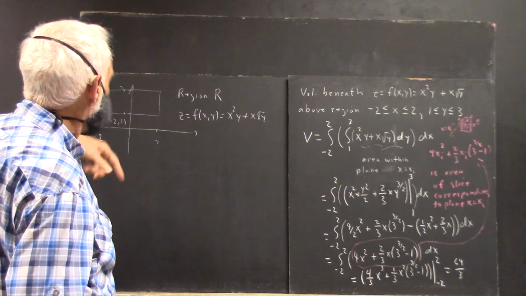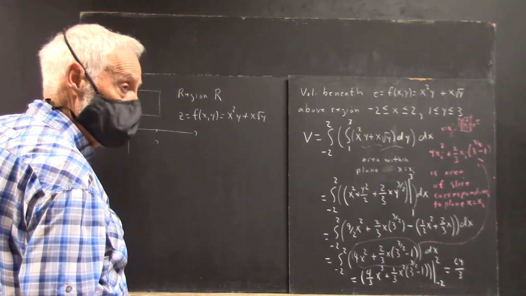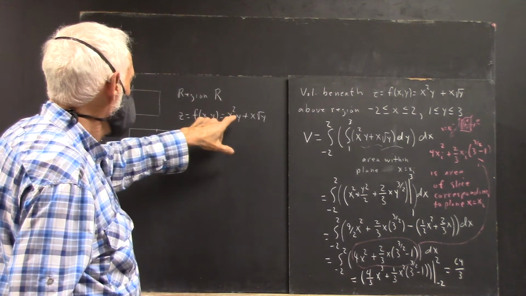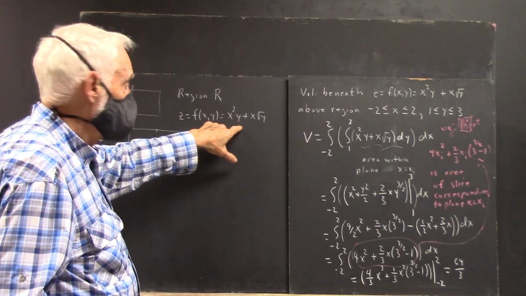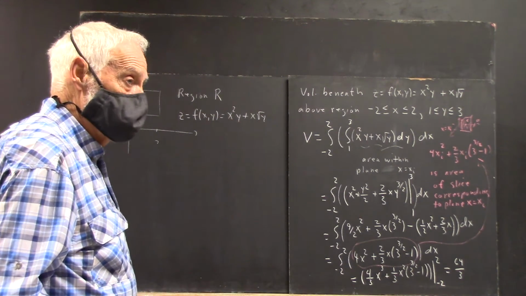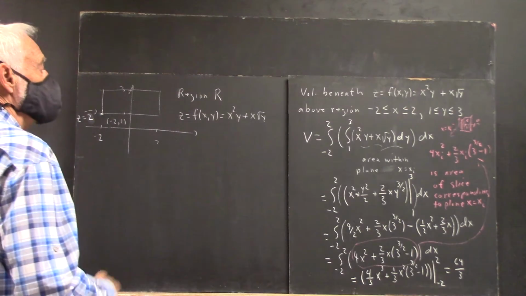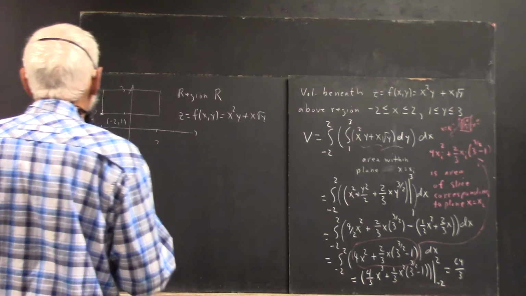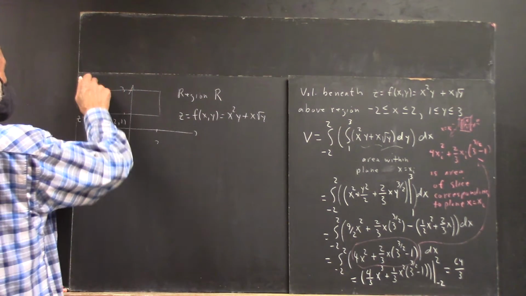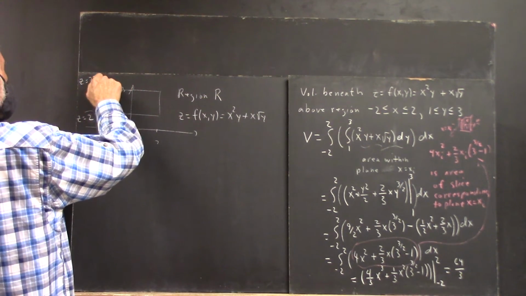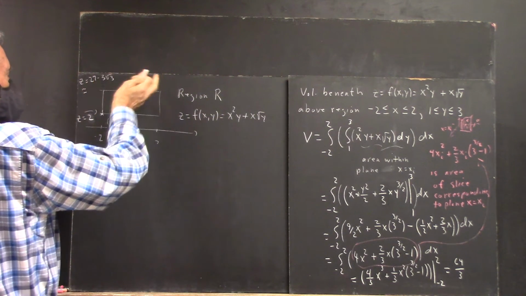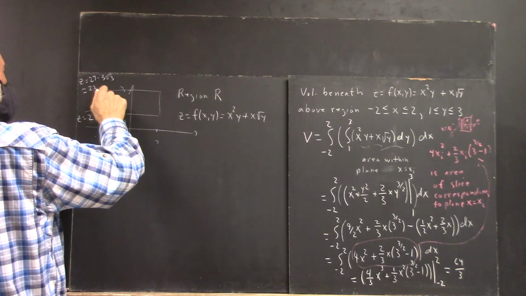If X is -2 and Y is 3, then we get 9 times 3, plus -3 times the square root of 3. Well, that's 27 minus 3 square root of 3. 3 square root of 3 is about 5, so it's maybe about 22.